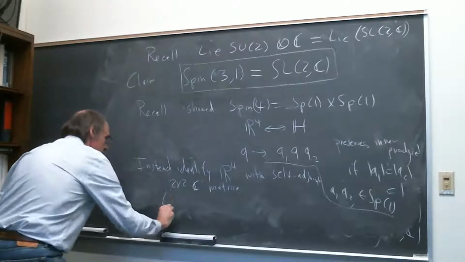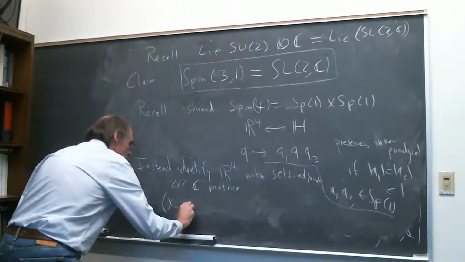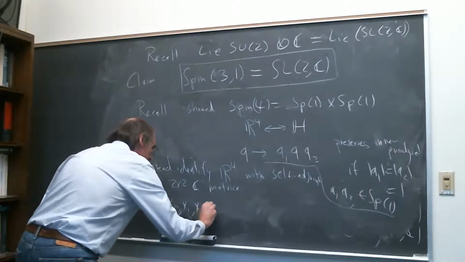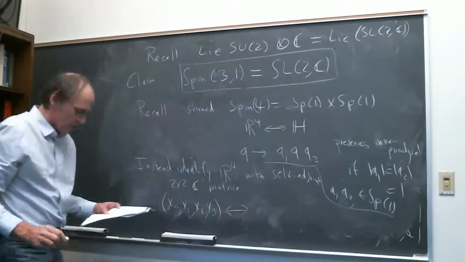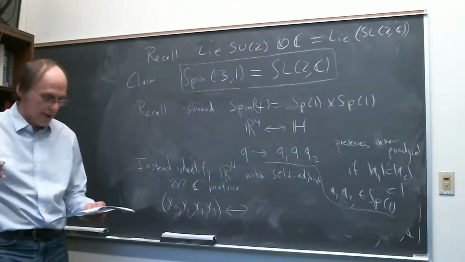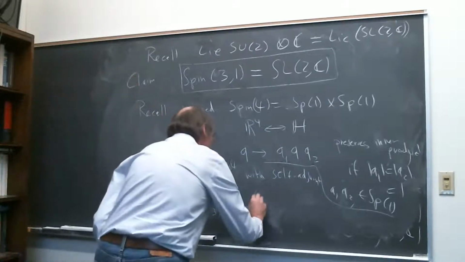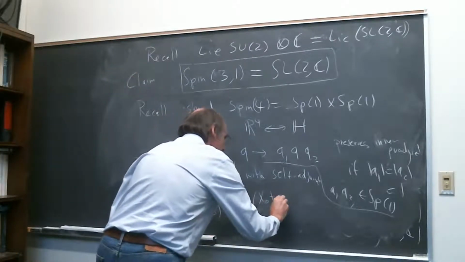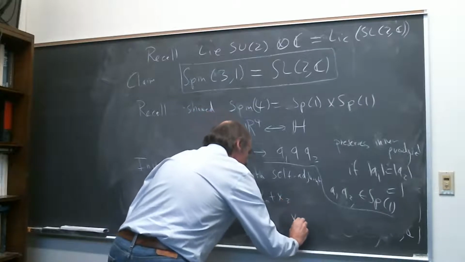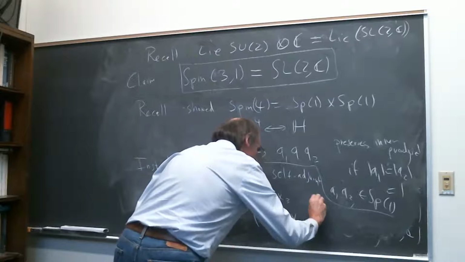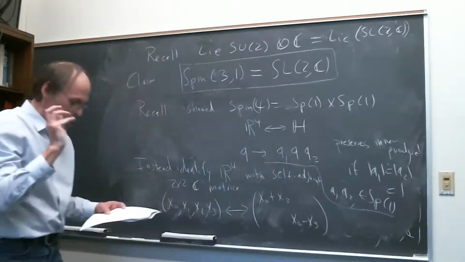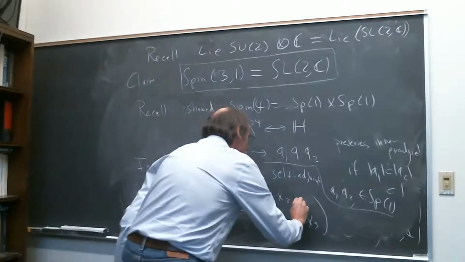So what you want to do is identify x0, x1, x2, x3 with the matrix with x0 plus x3, and then x1 minus i x2.